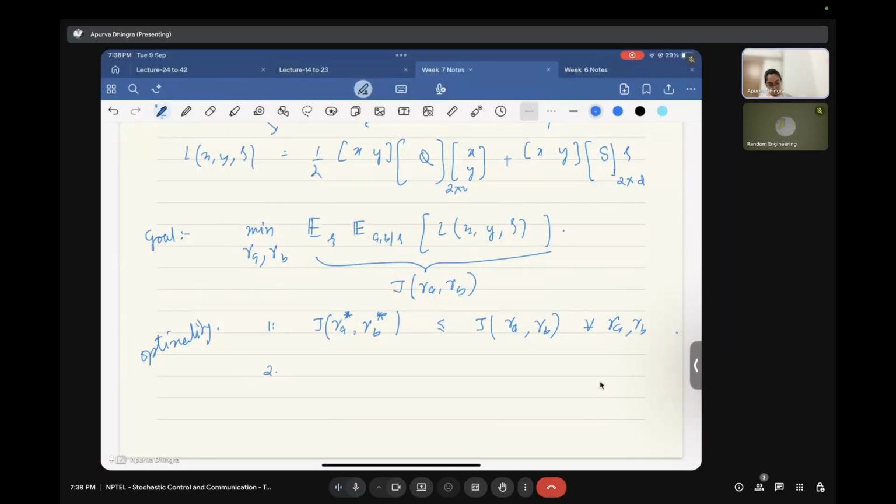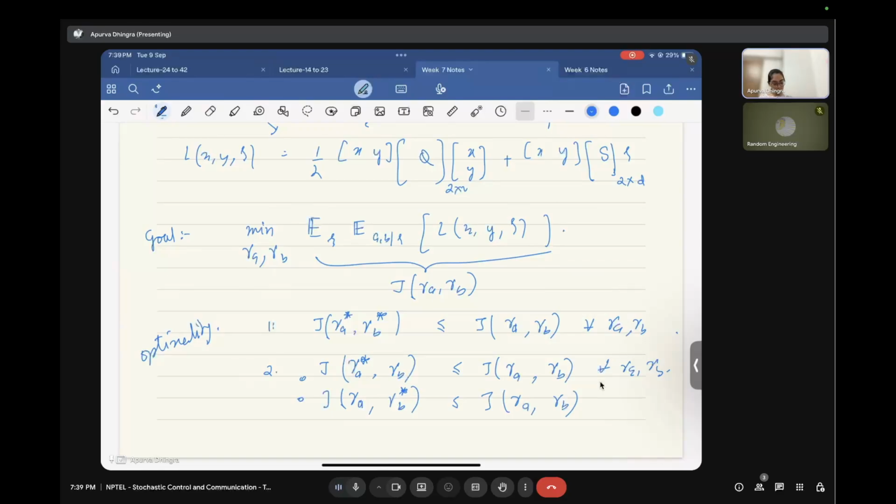There's another one where you fix the action of the other one and optimize for one of them, and then repeat the exact opposite situation. So here I'm saying, let me fix B. B is not something I'm changing, but A is something I'm changing, and this should hold for all gamma A. The other version would be the opposite, where A is fixed.